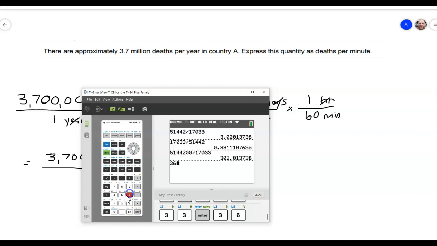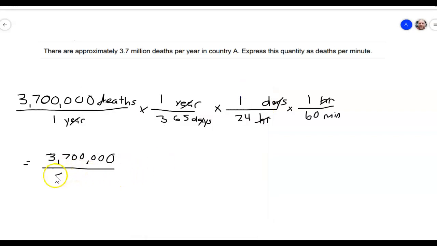So 365 times 24 times 60. And that's going to give me 525,600 on the bottom.